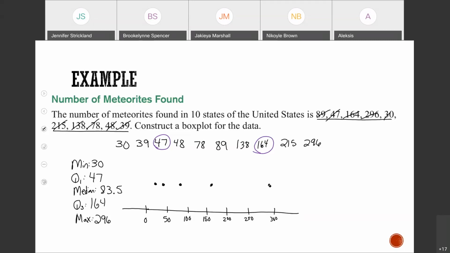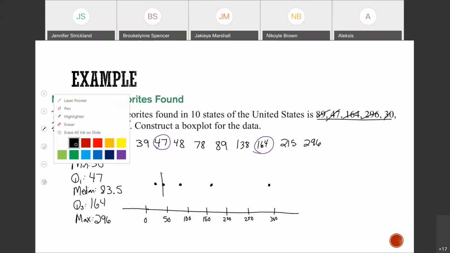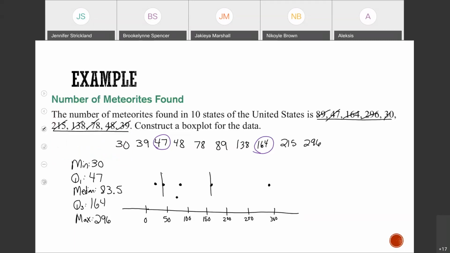All right, and then we're going to draw our box. The box goes through the quartiles. So through Q1, through Q3, draw a rectangle around it.